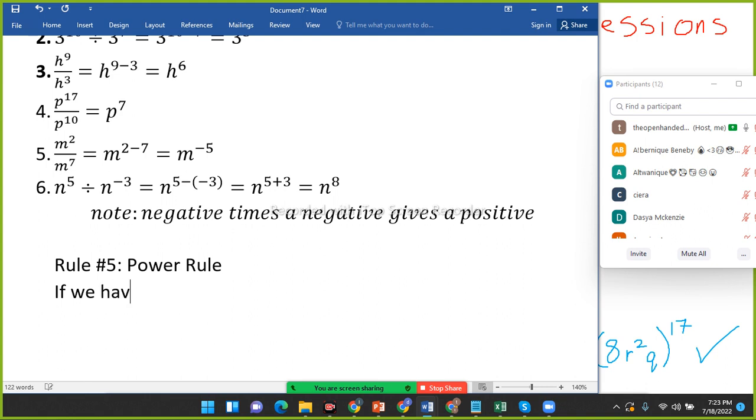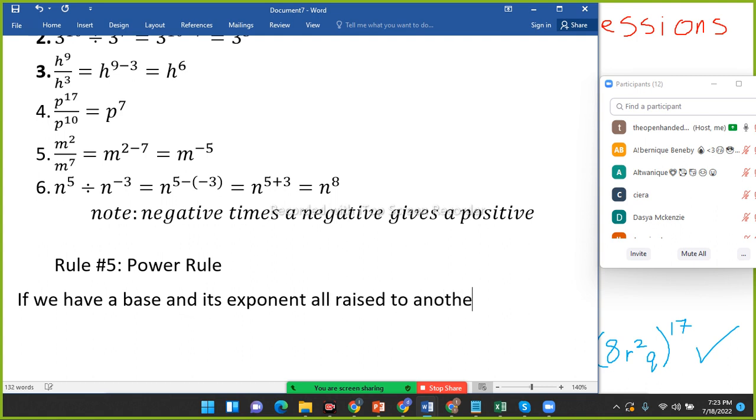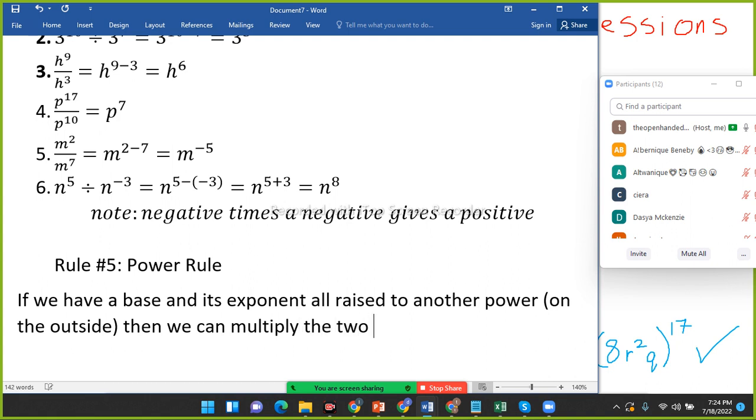So if we have a base and its exponent all raised to another power, we could say on the outside, then we can multiply the two exponents.